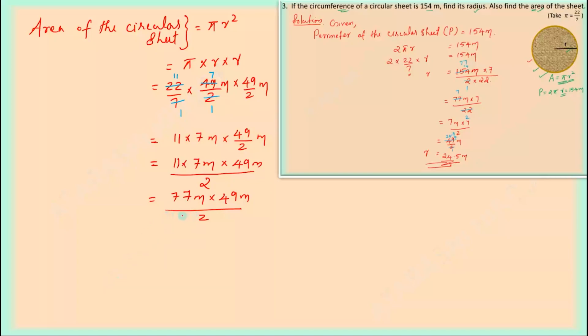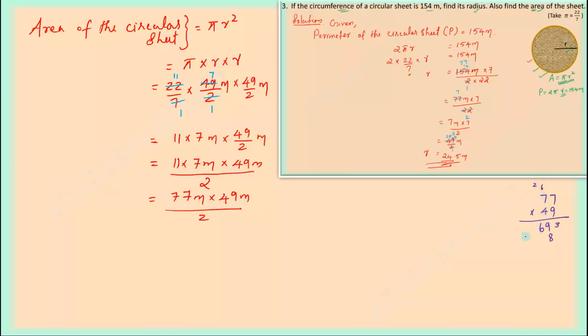Now let us multiply 77 and 49. 7 nines are 63. Again 7 nines are 63 plus 6, 69. 4 sevens are 28.